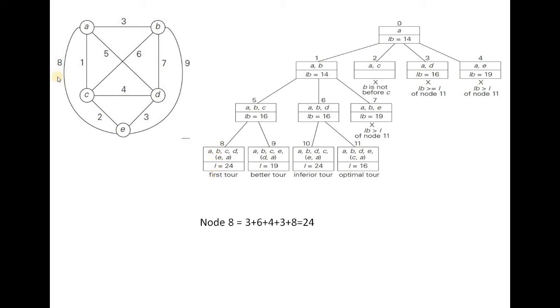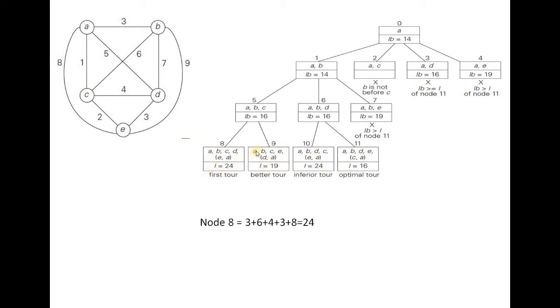So here this tour says start your tour at A to B, B to C, C to D, D to E, and E back to A. The cost is A to B is 3, B to C is 6, 3 plus 6, 9, C to D is 4, 9 plus 4, 13, D to E is 3, 16, and E back to A, 16 plus 8 is 24. So 24 is the tour cost.